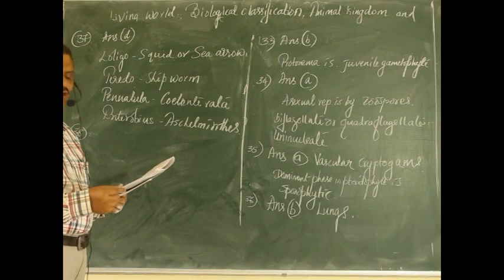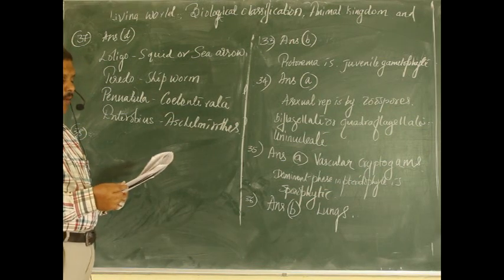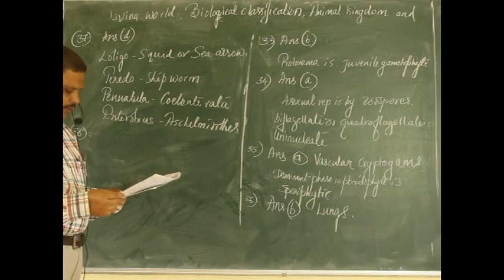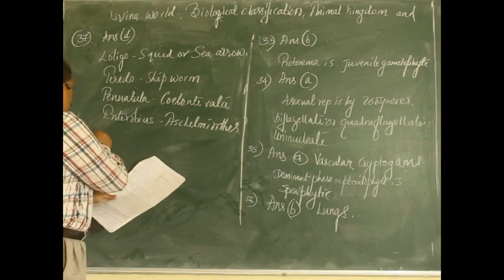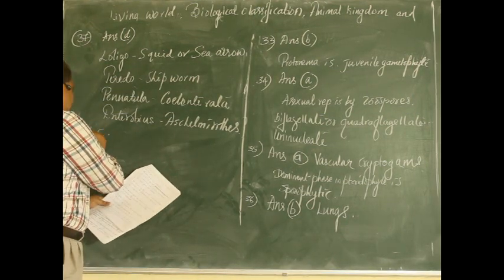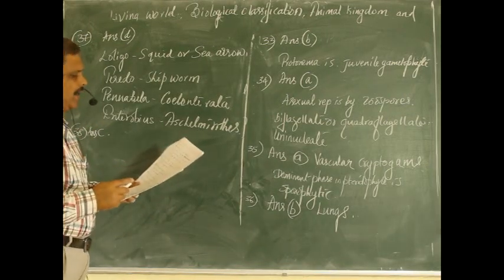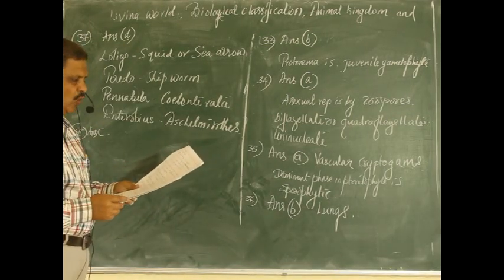Out of these you should pick the two common characters. So the answer for this question is option C. They have jointed legs and chitinous exoskeleton.